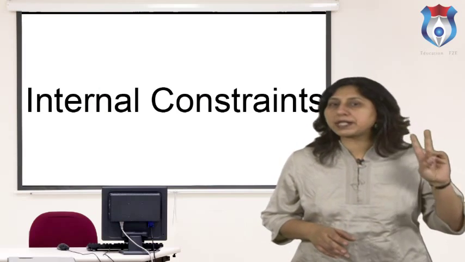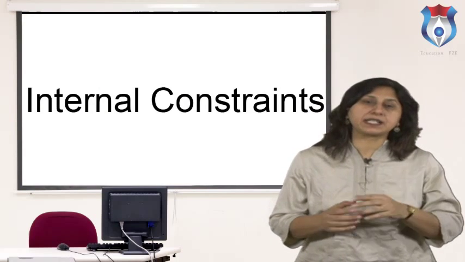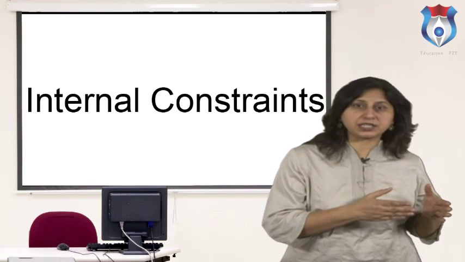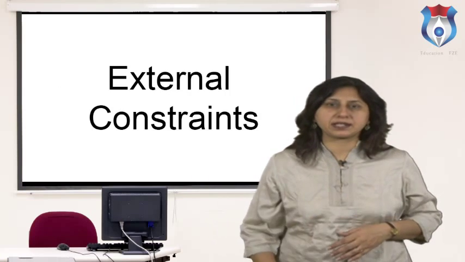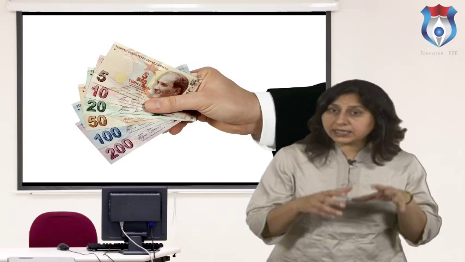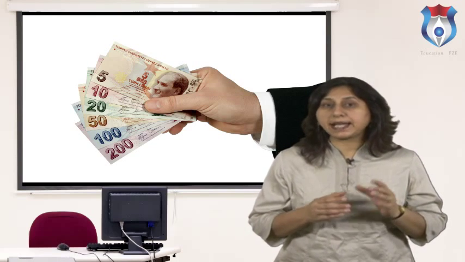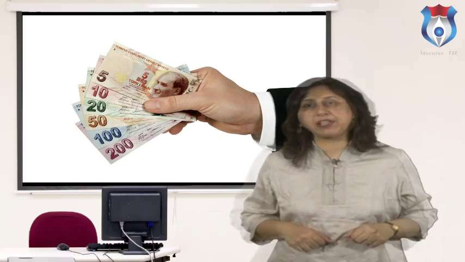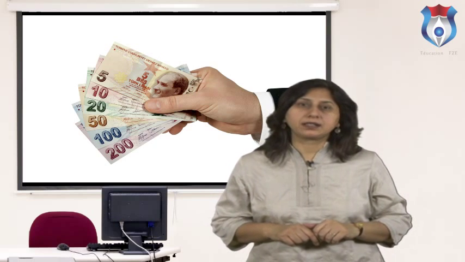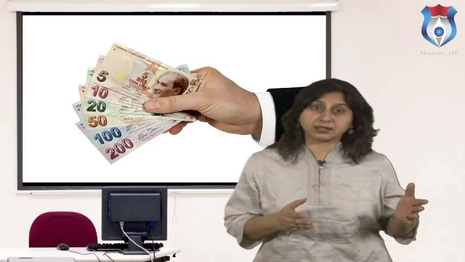Basically, there are two types of constraints defined in decision making: internal constraints and external constraints. Internal constraints are constraints that come from within the business itself. Availability of finance: certain decisions will be rejected because they cost too much.